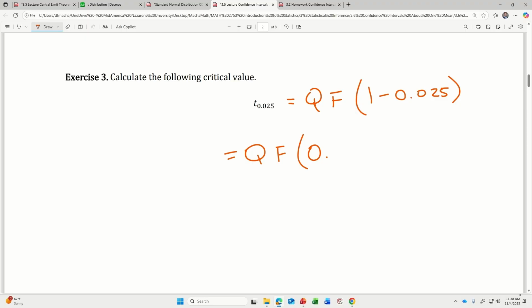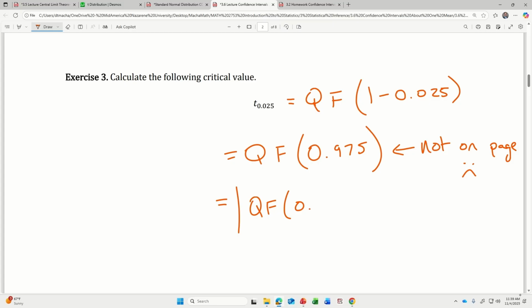That would be 0.975. Yeah, that's right. This is not on the page for the quantile function. So instead, what I could do is take the absolute value of what I get if I plug in 0.025.